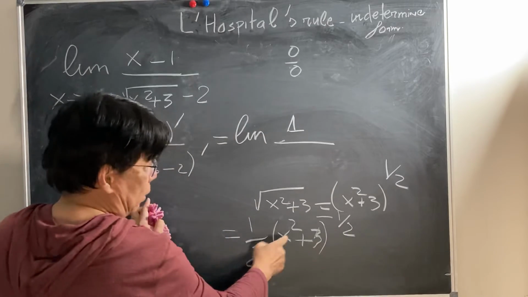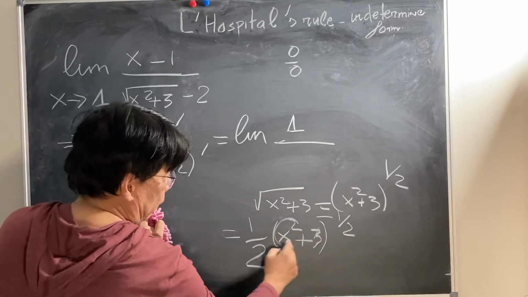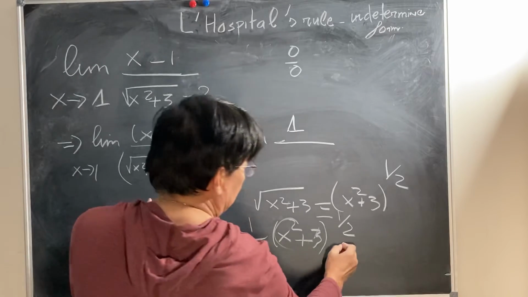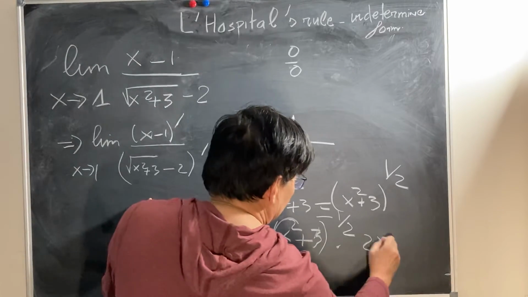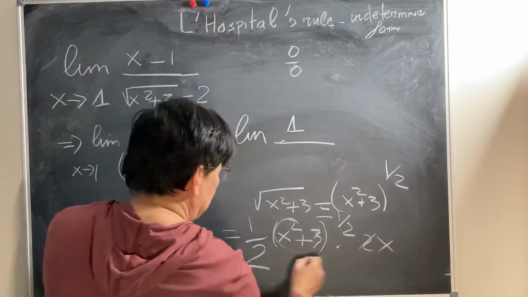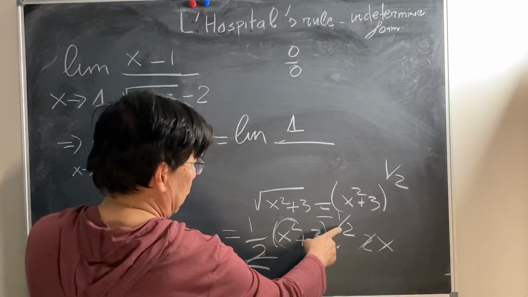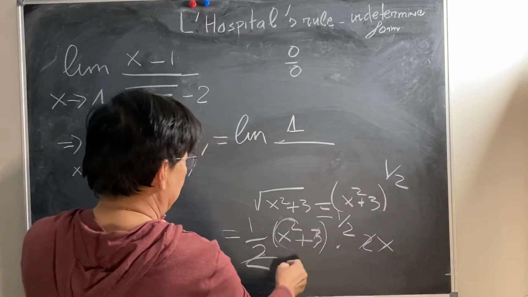And you need to take the derivative of the inside too. The derivative of x squared plus 3 equals 2x. So the 2 cancels with the 2.